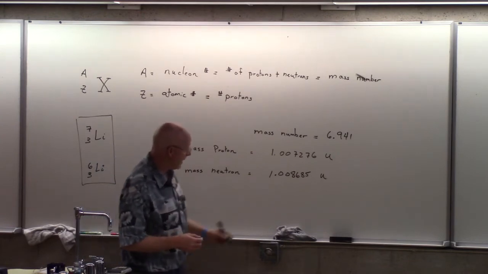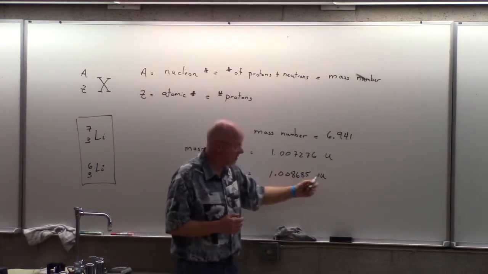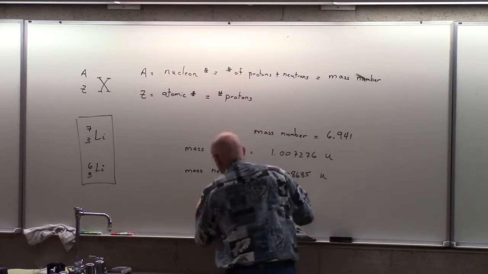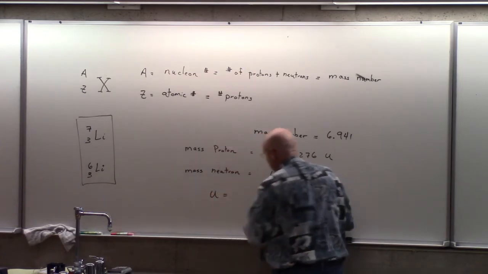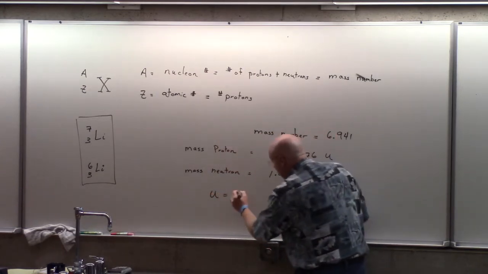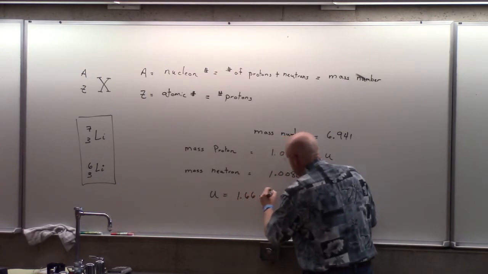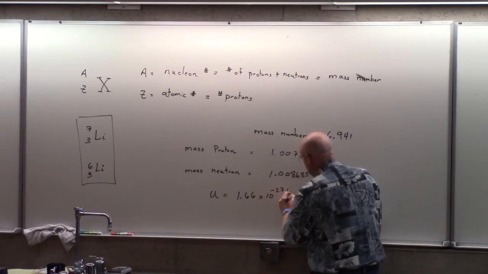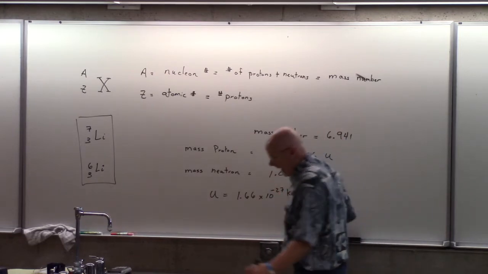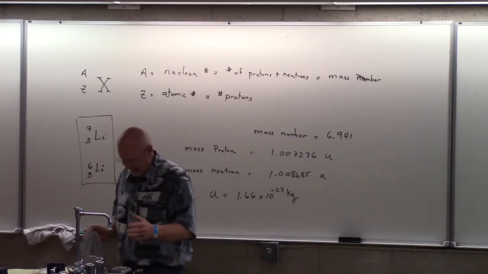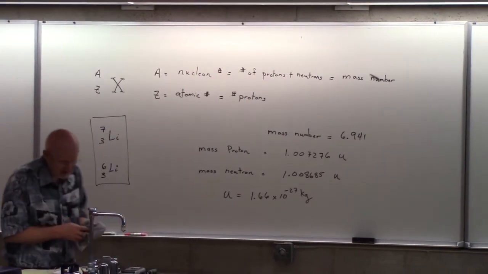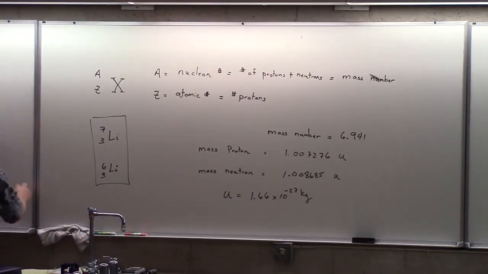Now, you might not have ever seen this very small unit for mass, but an atomic mass unit is 1.66 times 10 to the negative 27 kilograms. So you could imagine, since we're talking about little tiny objects, that these things are really, really small and really, really light.